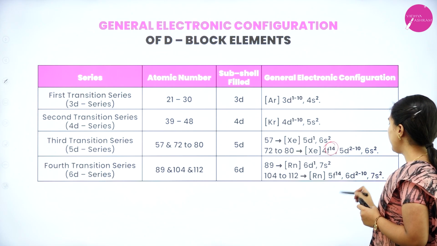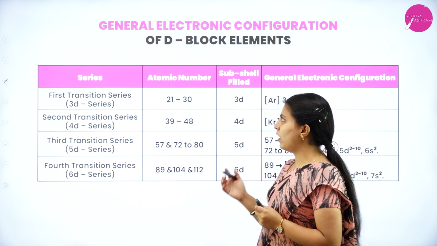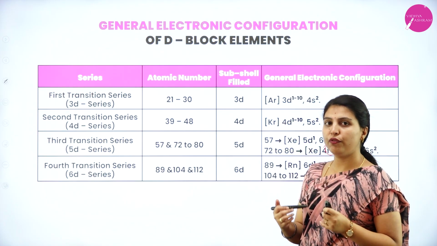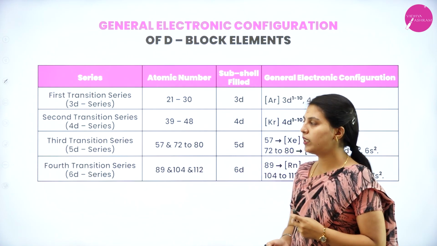So 5f14, 6d 2 to 10, 7s2. Okay, that is the general electronic configuration of both d block elements and f block elements.